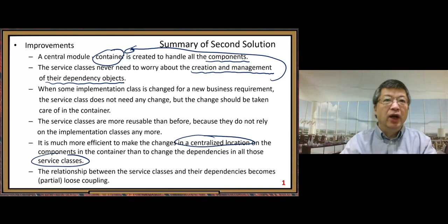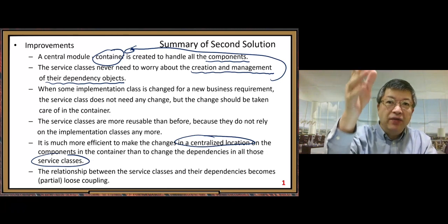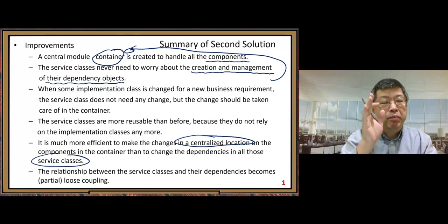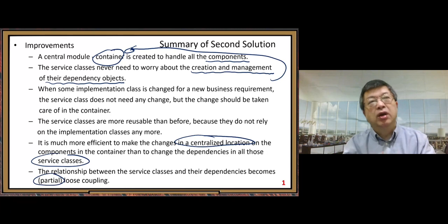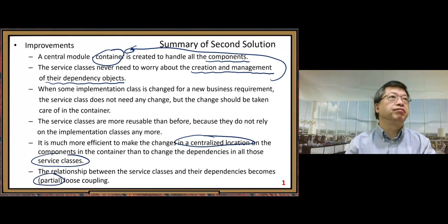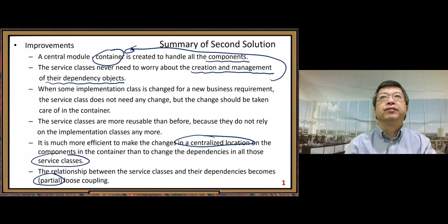Then the last one: the relationship between the service classes and their dependencies becomes partial loose coupling. Here I put partial in parentheses, because it's still not a complete loose coupling. There is still a small relation there.